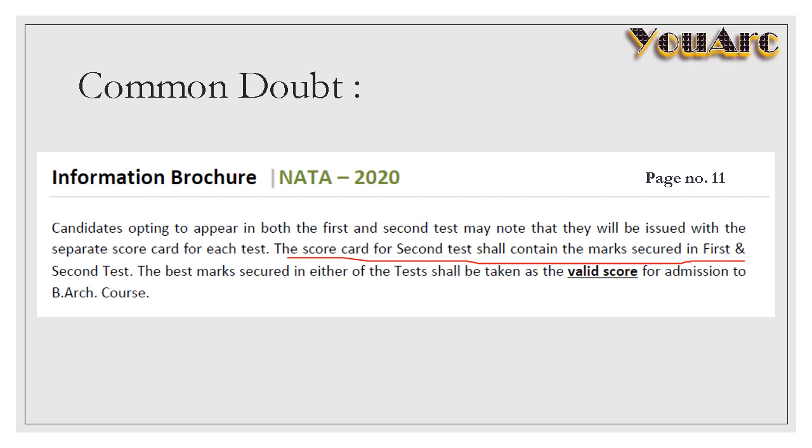The best marks secured in either of the tests, remember, underline this phrase, shall be taken as the valid scorecard for admission to the B.Arch course. So don't worry, they are not going to take your average. Okay, let's get into the video.